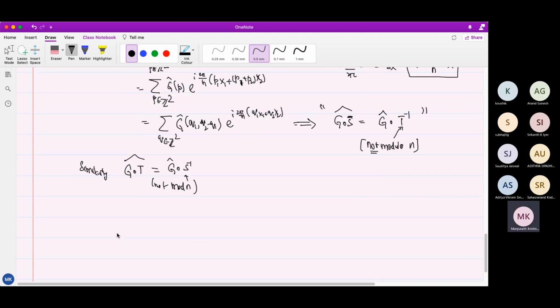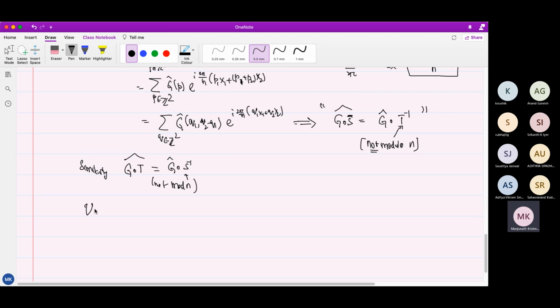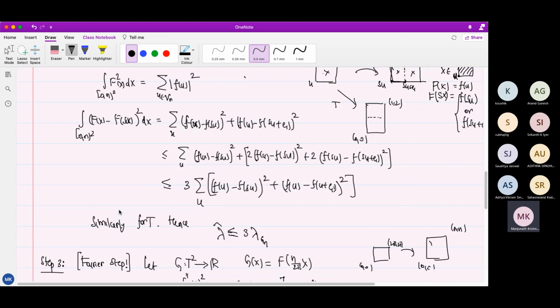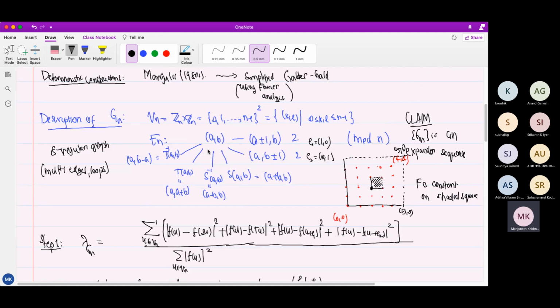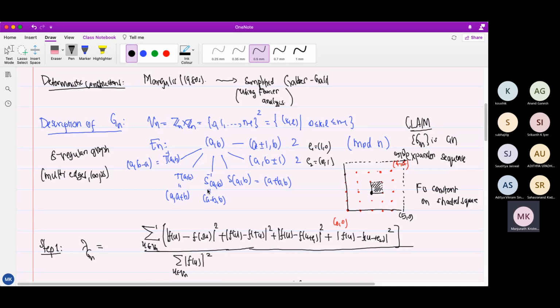So what is the upshot of all this? This is the point of cleverness: why these particular S and T were chosen. In Fourier, it's like the difference operator. When you differentiate, what it does on the other side is like a shift.